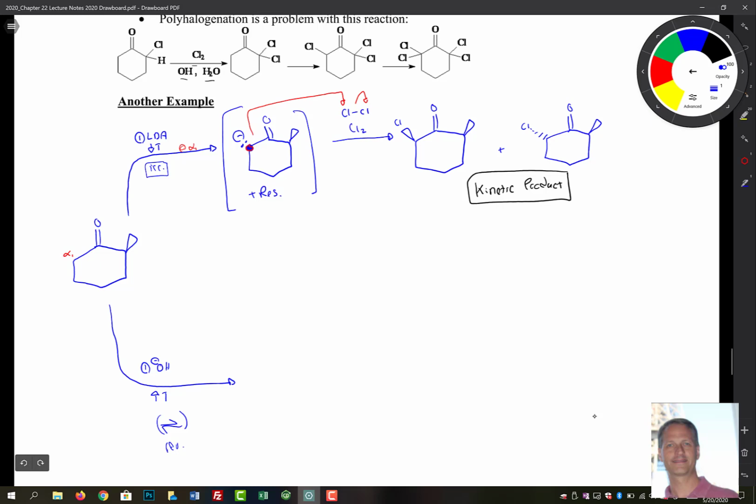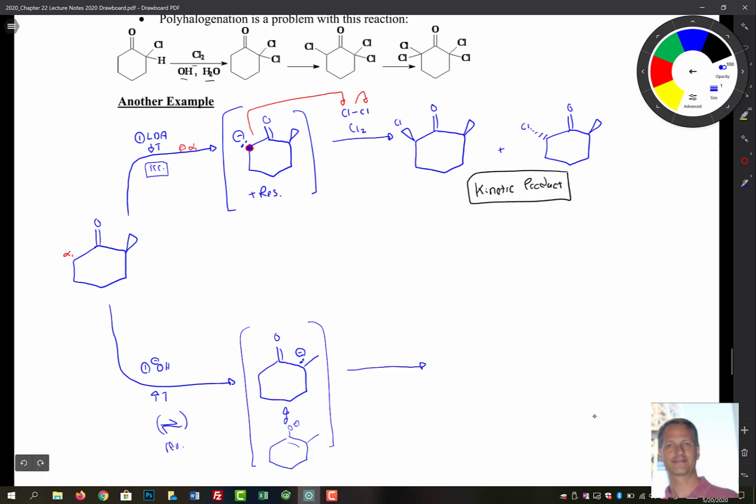So what that means for us is that we're going to form this. Okay? And the idea behind that, if you recall, is when you look at that resonance structure, with a little minus there like that, that resonance structure is the most stable of your kinetic and your thermodynamic enolates. So it leads to the thermo product.